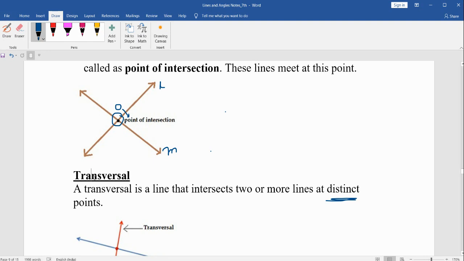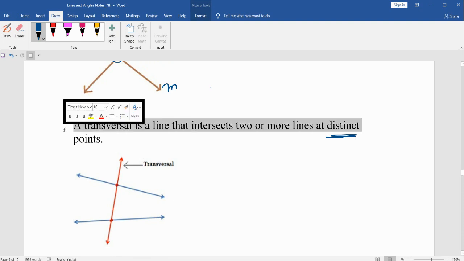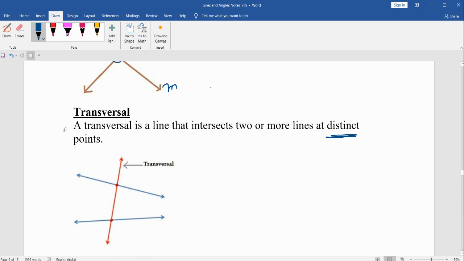But in case of transversal, there are two or more lines and intersections at distinct points, so the points of intersection can be more than one.